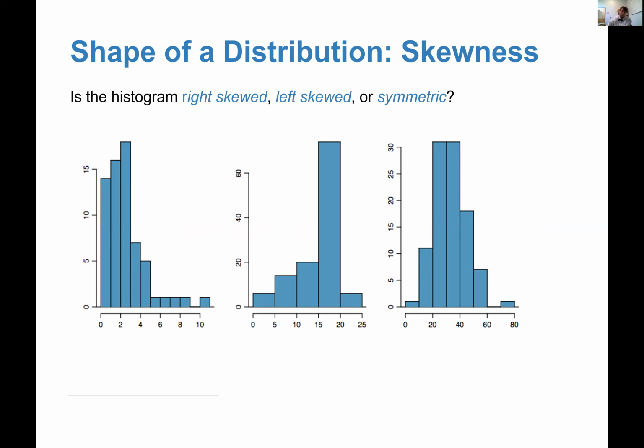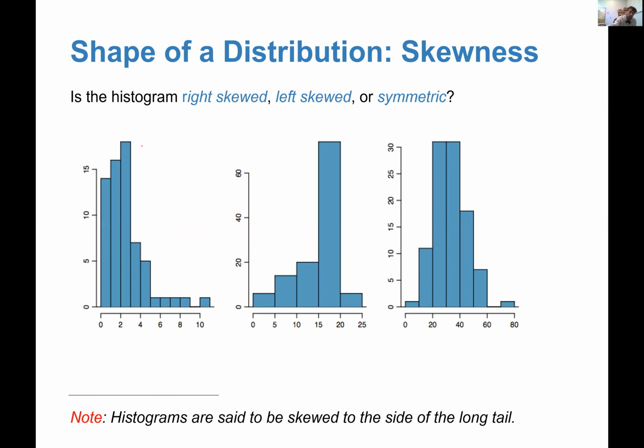Right skewed is when you have a tail to the right. Left skewed is when you have a tail to the left. And symmetric is when it's roughly the same on both sides. So the skew is talking about a tail going off to one side.